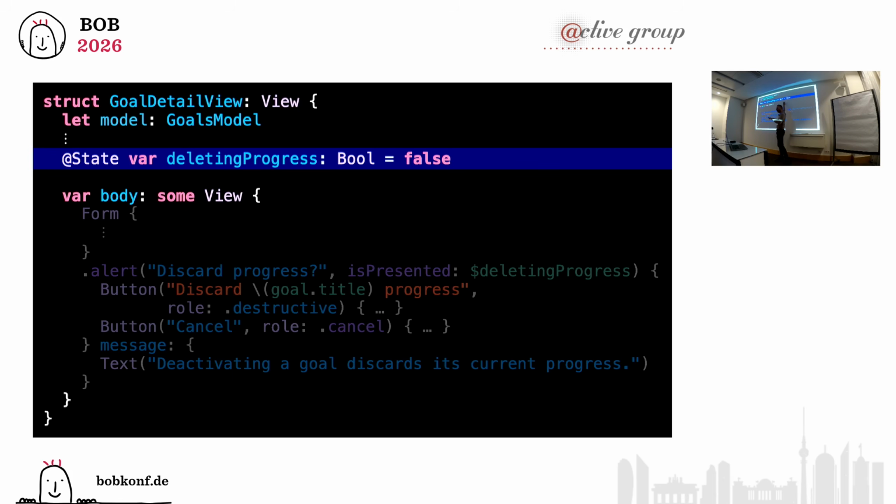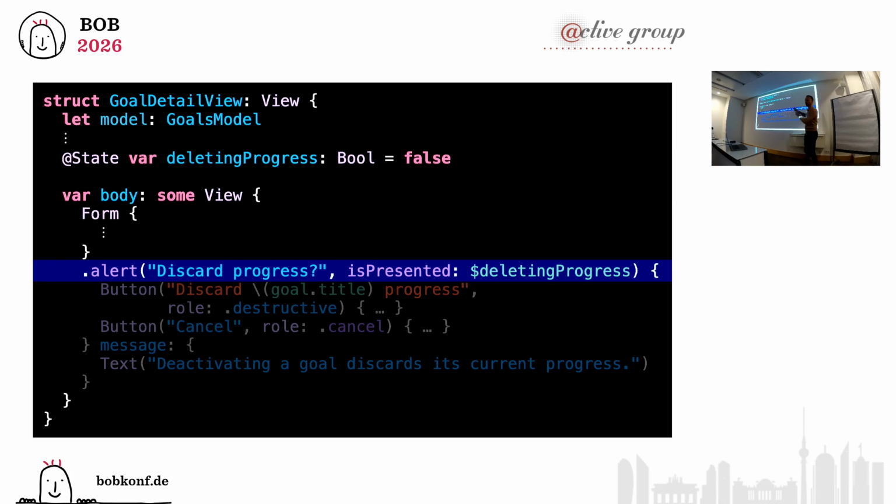If it's true, the alert is visible on the screen. I elided the code which sets this to true, to keep it on one slide. The important thing is this. This is, again, a view modifier. It doesn't change the styling. What it does, it takes this view, the form, and adds a potential alert box. Now, that alert box is presented if this local state, deleting progress, is true.